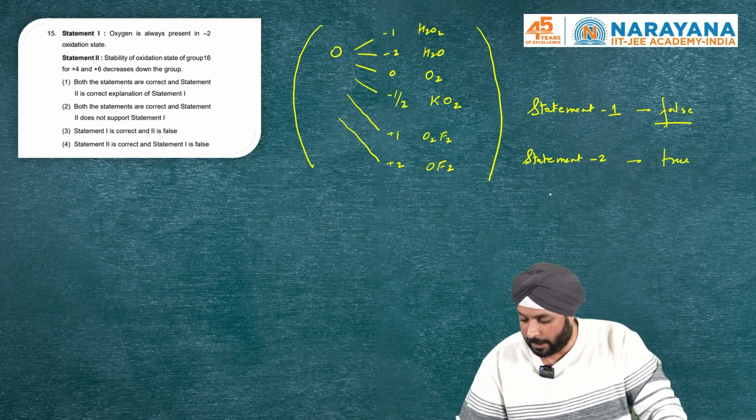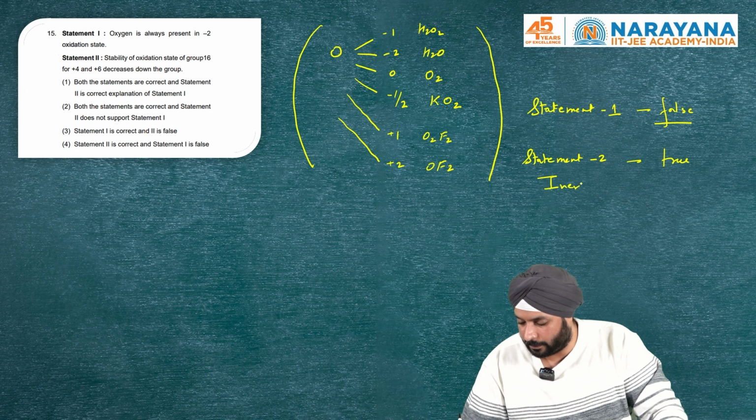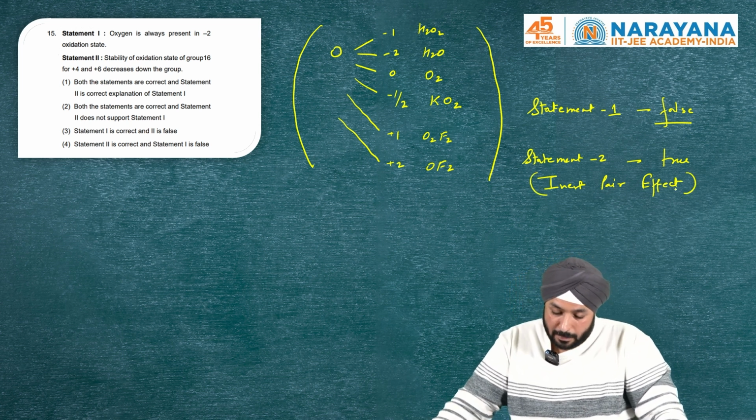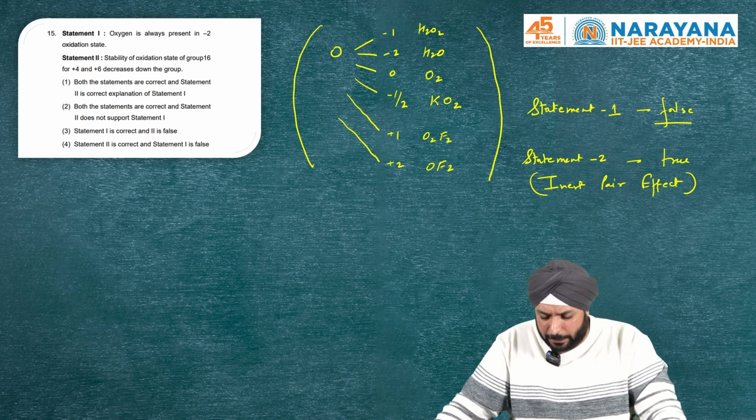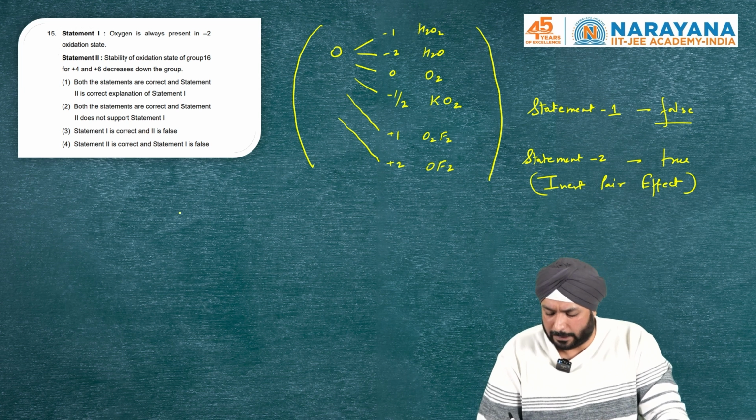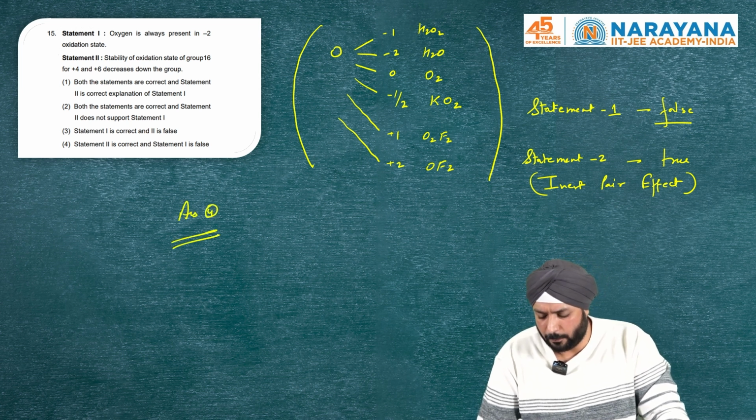It's true, and it's because of inert pair effect. Because of that, the correct answer should be statement 2 is correct, statement 1 is false. The answer should be 4.